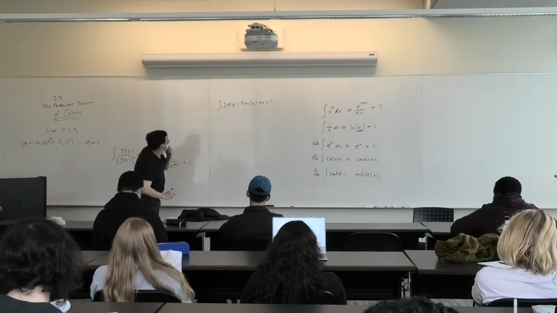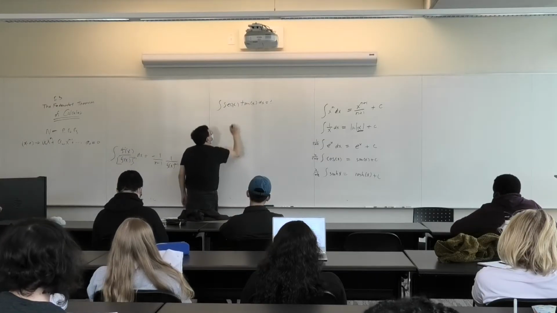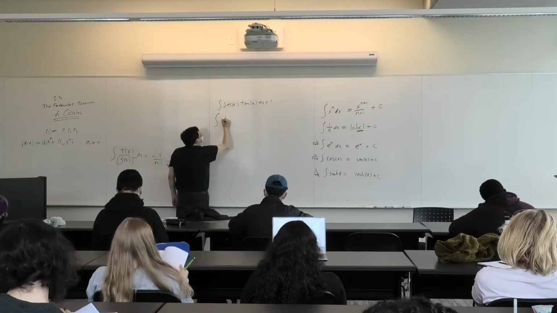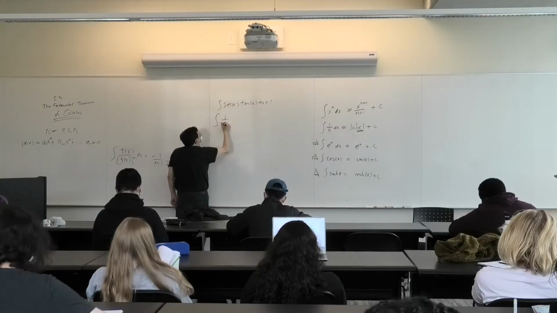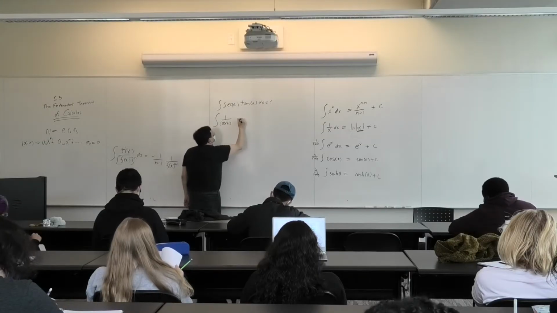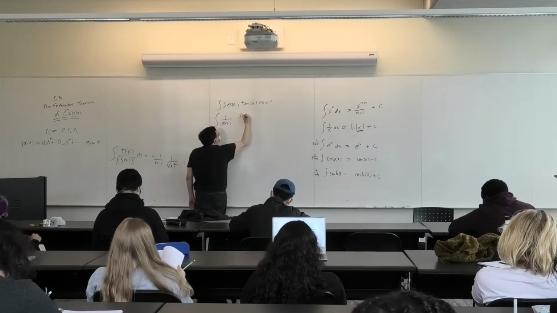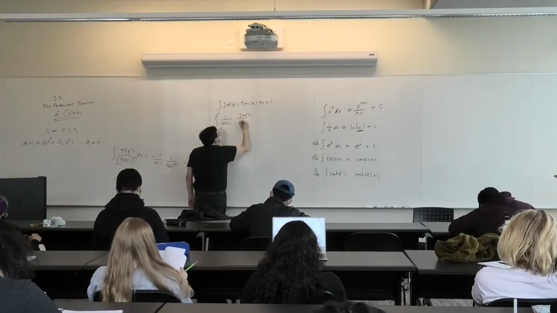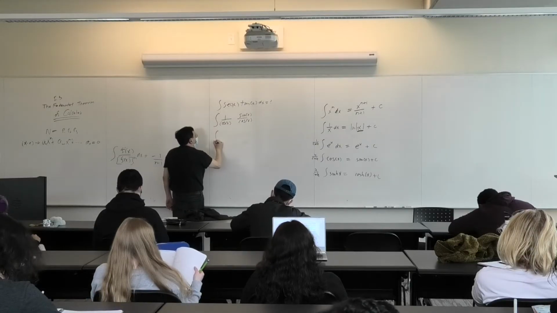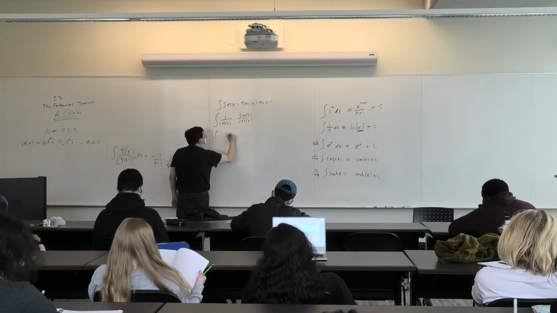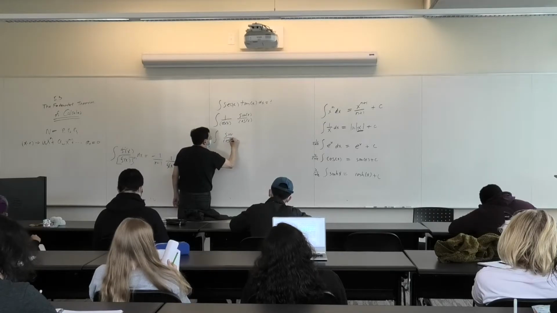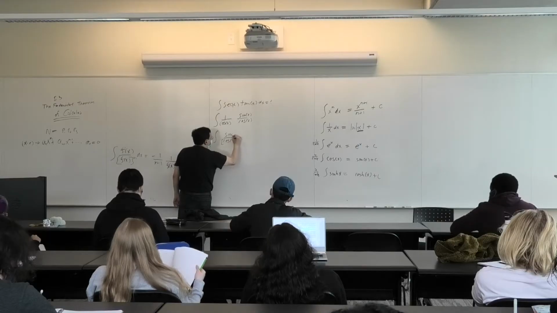What we're going to do here is convert this to sines and cosines. So the secant is 1 over cosine, and tangent is the sine over the cosine. So what we're looking for is the integral of sine over cosine squared.